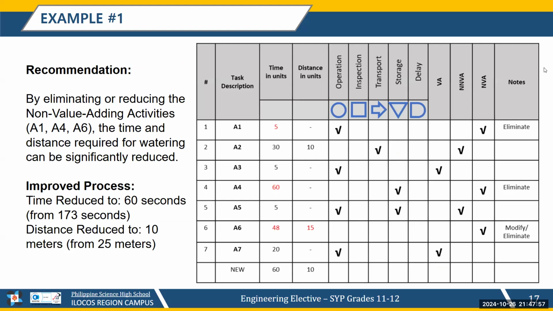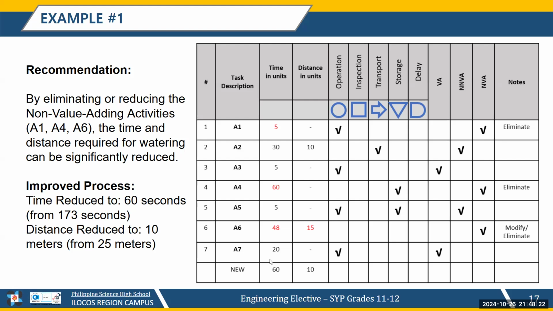So again, you fill up the notes column: eliminate, modify, or eliminate. Okay, so by eliminating or reducing the NVAs A4, A6, and A1, the time and distance required for watering is significantly reduced. So in the improved process, the time is reduced to 60 seconds.